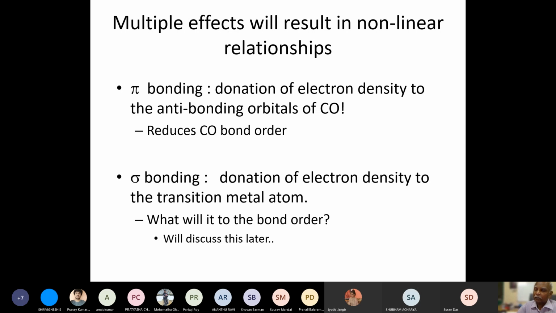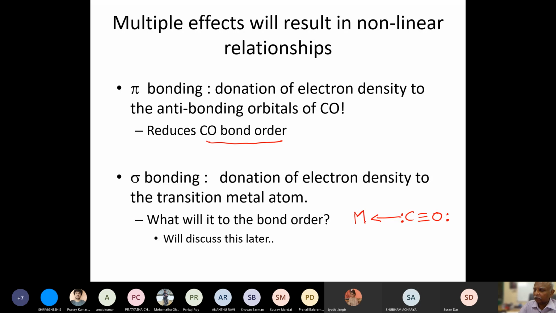When you have pi bonding, we said that the donation of electron density results in reduction of the CO bond order. In sigma bond, we have not made any comment. It depends on the nature of the sigma bond. This is the carbon monoxide. We have a lone pair. In fact, we have a lone pair on this end also.